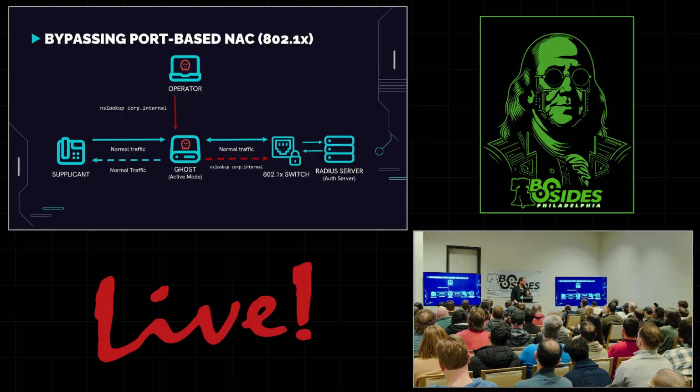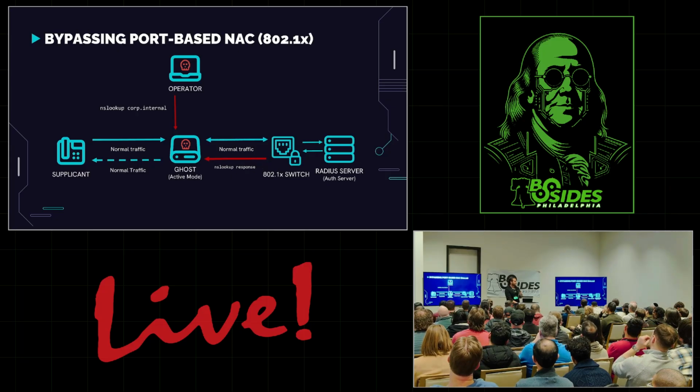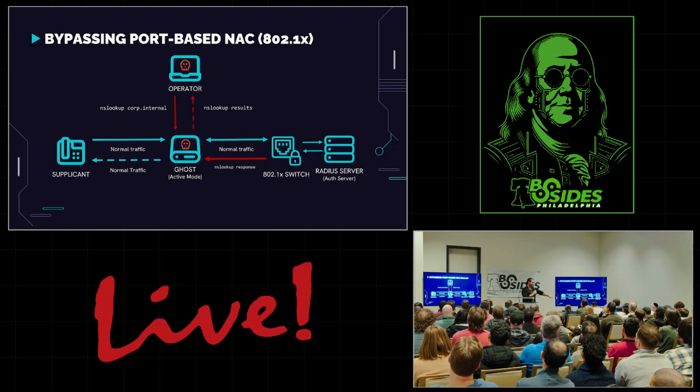According to the switch and anything else on the network, that traffic is coming directly from the IP phone. Then the ghost sees the response and says, this is supposed to go to the operator, so I'll send it back up to the operator. The operator can actually send whatever traffic it wants through the ghost, and it's completely masked, and everyone else on the network thinks that the IP phone is running Nmap and doing a bunch of crazy stuff.